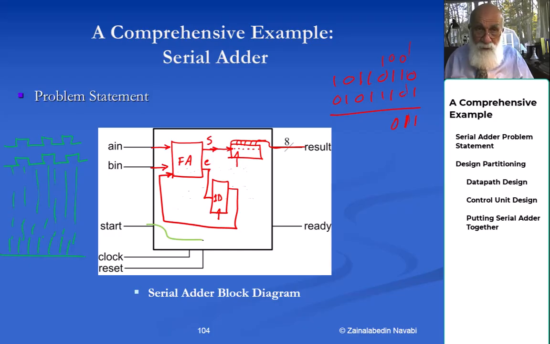My controller looks at the start, makes a decision based on the start, keeps a count of how many times it has added, and then as it's adding, it issues a signal to the shift register to keep shifting. At the beginning, it issues a signal to my D flip-flop to reset, and when it's completed, it issues a signal on the ready that the adding has been done. Okay, so this is how my design is going to be.